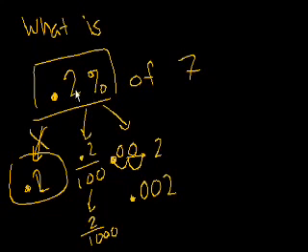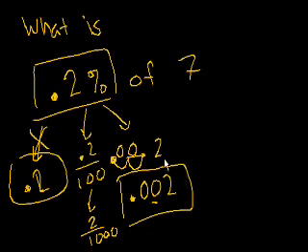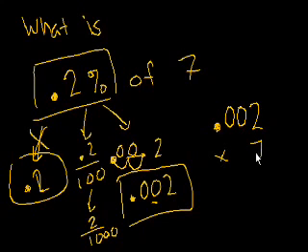So now that we figured out how to write this percentage as a decimal, we just have to multiply it times the number that we want to take the percentage of. So we say 0.002 times 7. Well, this is pretty straightforward. 7 times 2 is 14, right?